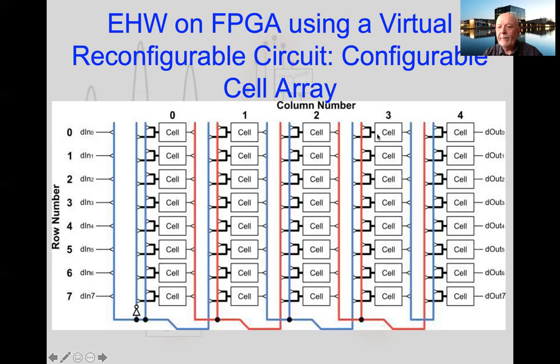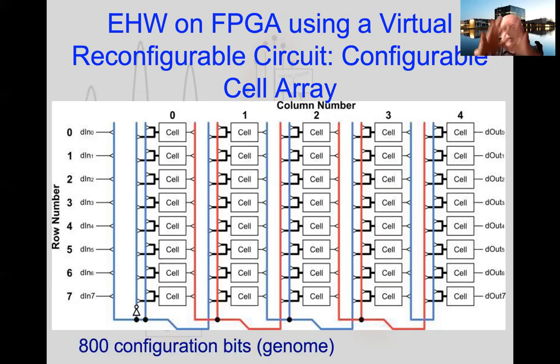If we look at column 3, then it either takes the input from column 2, which is the red line, or column 1, which is 2 back from it. So again, this is just a design decision. There's nothing particularly special about this. And so for this whole cell array, it has 800 configuration bits. And this would form part of the genome that the evolutionary loop would then work on.